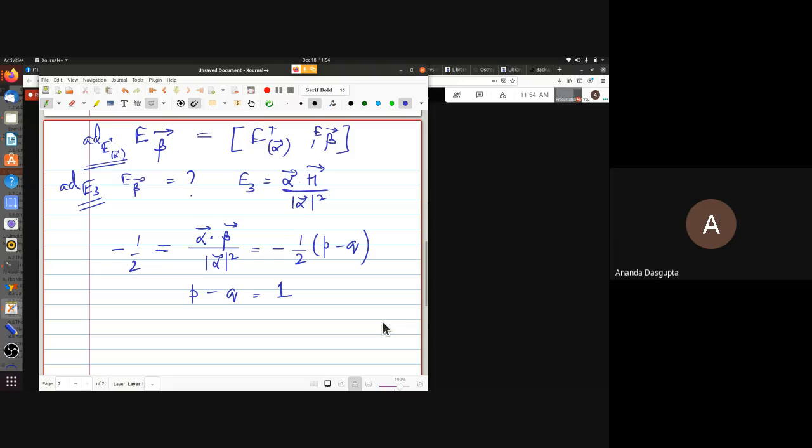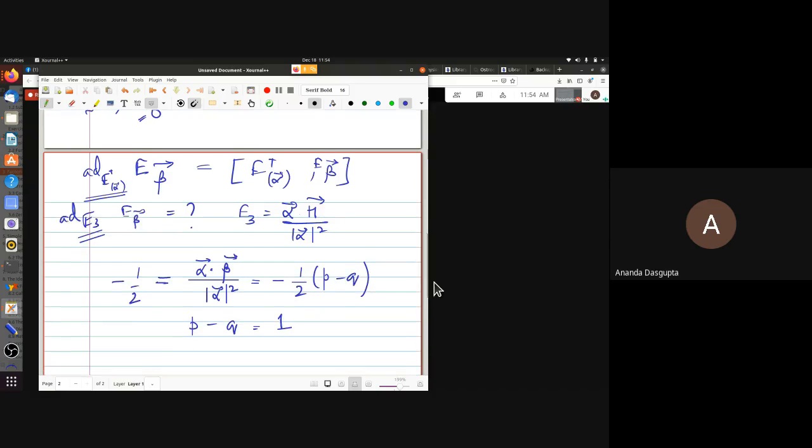Now, I will point out that actually you know more than that, because in this case you know what q is. Can anybody tell me how you know what q is? Q, remember, is how many times you can shift beta in the direction opposite to alpha.